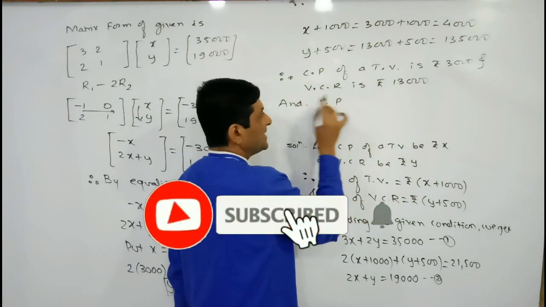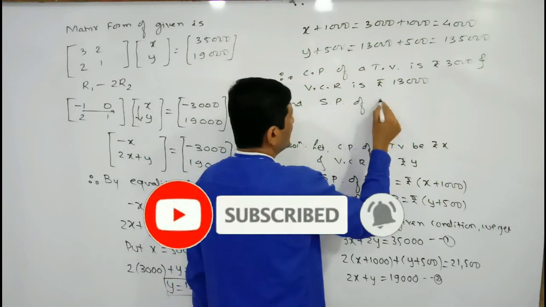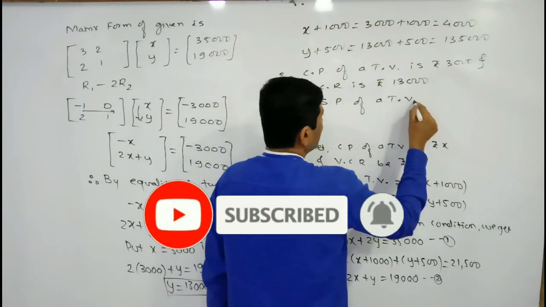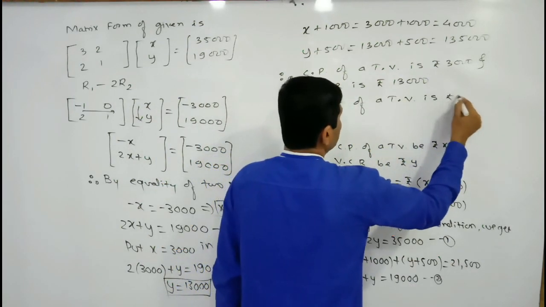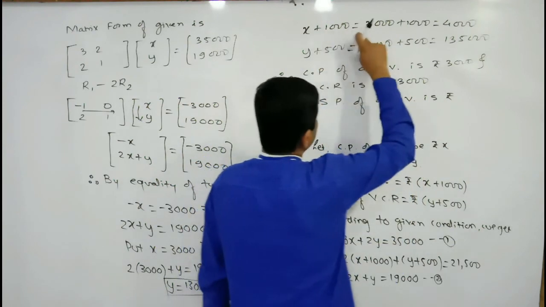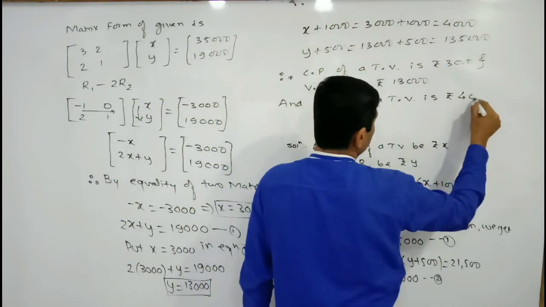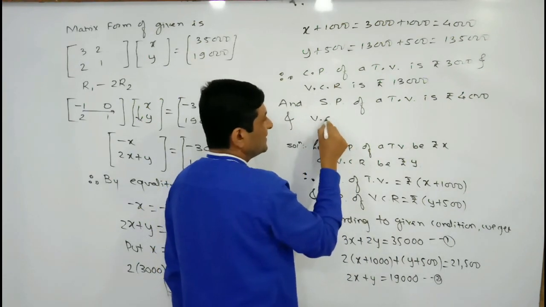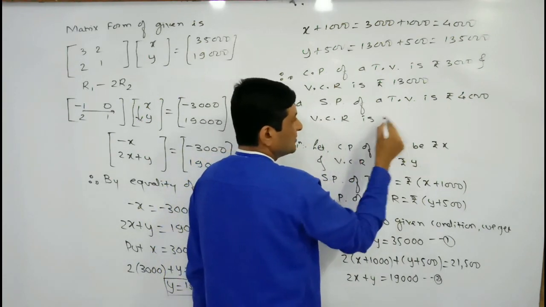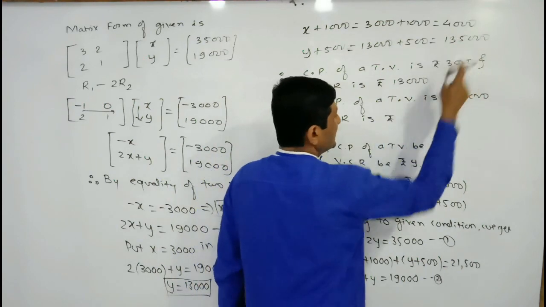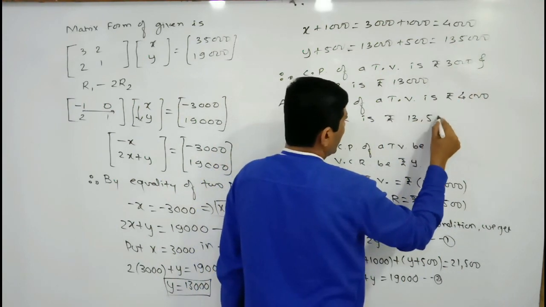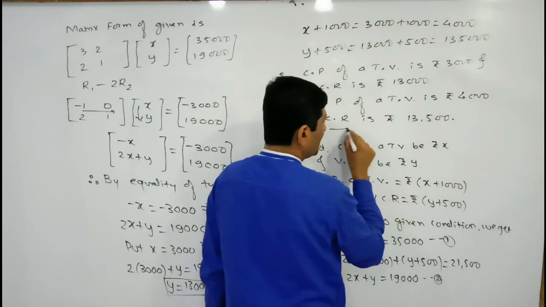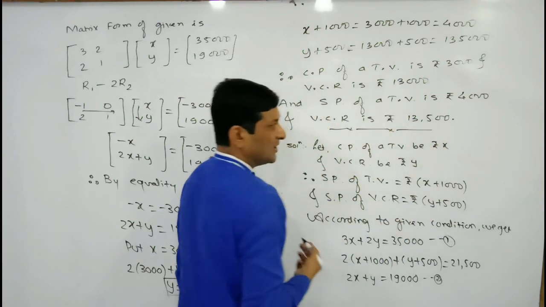The selling price of a TV is rupees 4,000, and the selling price of the VCR is rupees 13,500. In this way we have got both our required values.